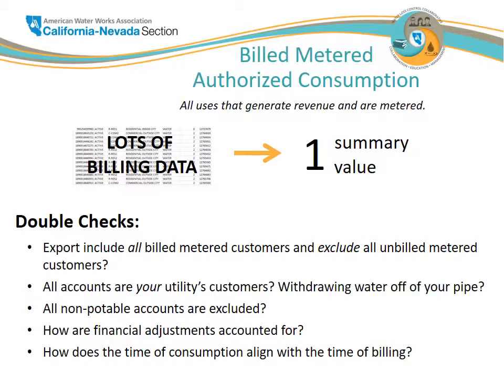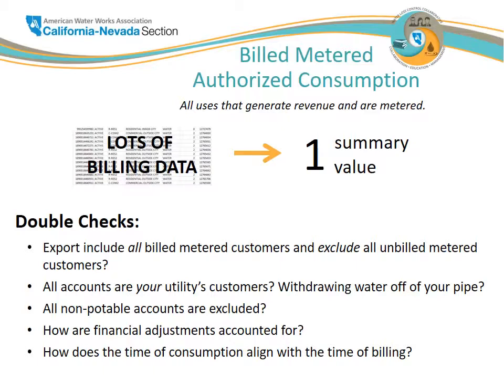And lastly, we want to be careful about how we treat time in regards to billing data. We all know, especially for those who do bi-monthly billing or bill every other month, that every bill, whenever it's actually produced, usually represents multiple months of actual consumption.